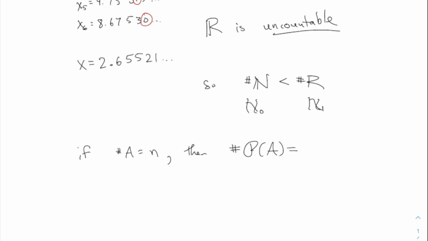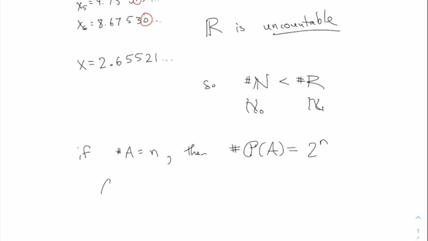Like if you had three elements in a set, there are 8 different subsets you can make out of 3 elements. Remember, this is 2 to the n. The power set of a finite set is much bigger than the original set, exponentially bigger.